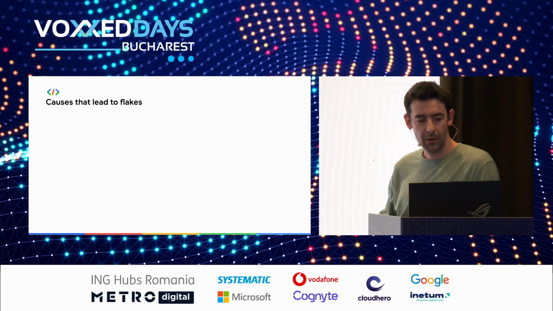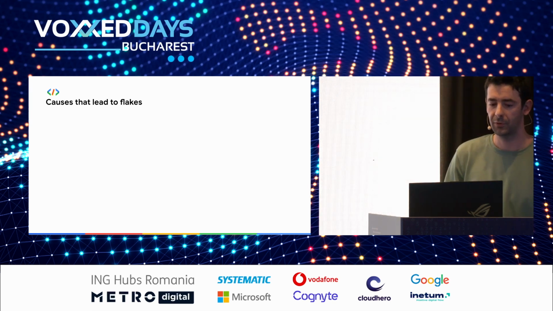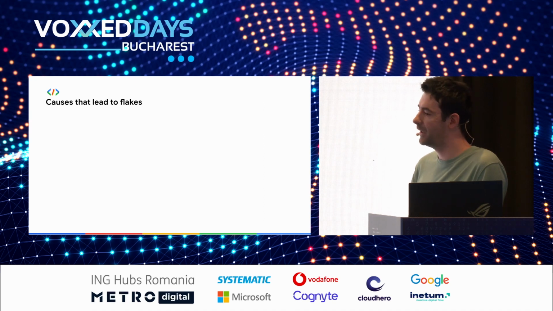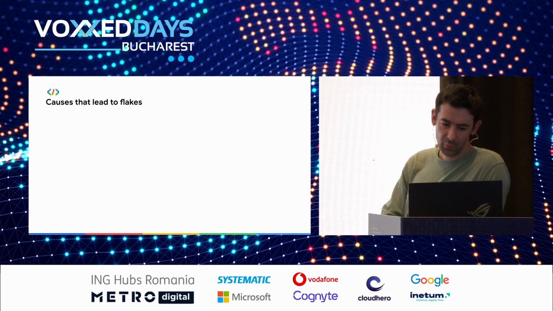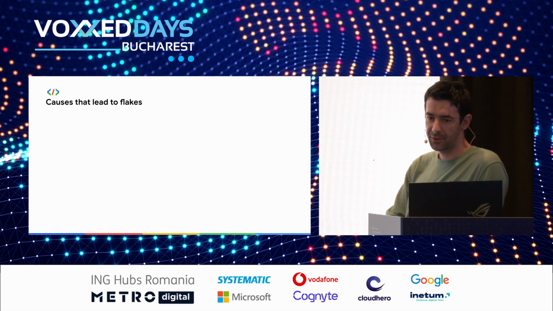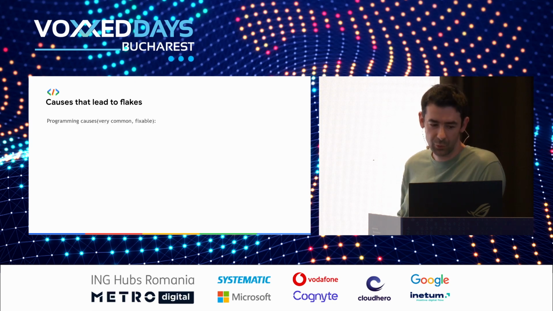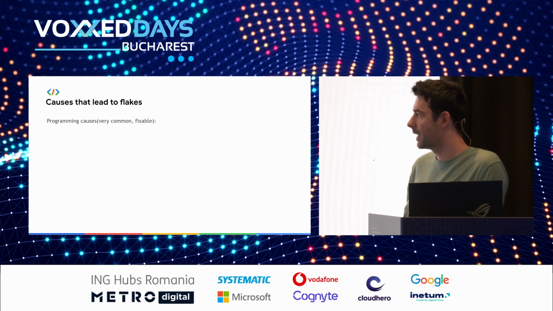So, what are the causes of those tests that become flakes? Yeah, we call them flakes. I mean, flaky tests, flakes, or non-deterministic tests, whatever. There are, roughly speaking, two types of reasons why tests become flakes. The first one is programming causes. This is very common and is fixable.